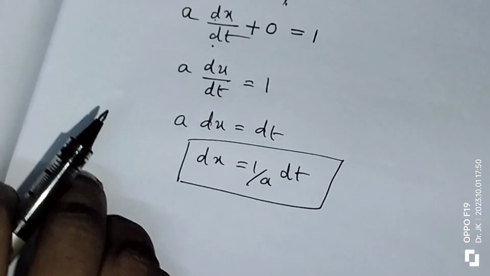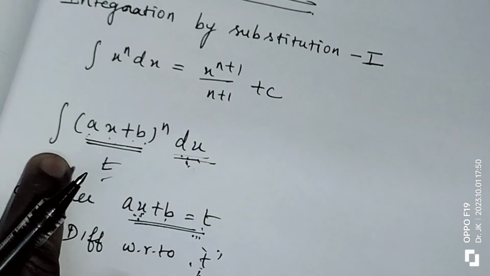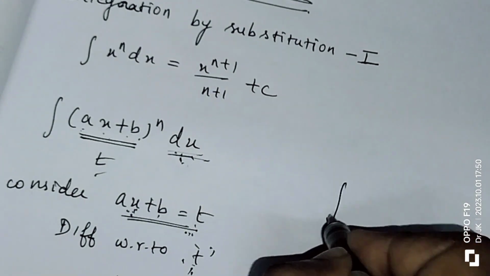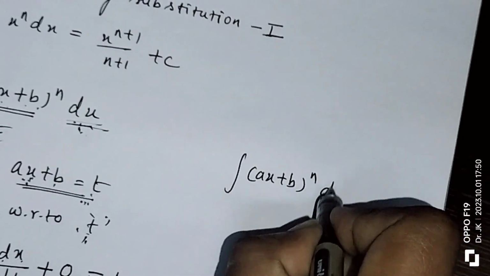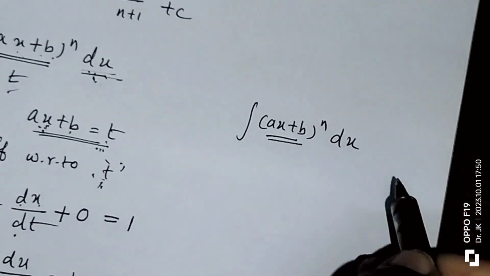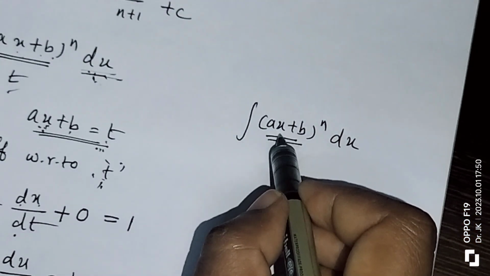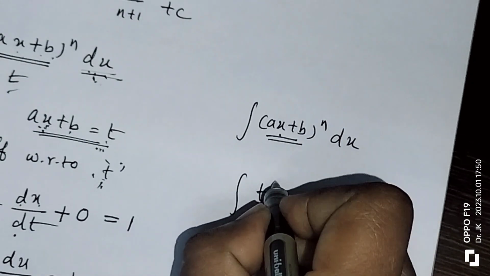Now consider this one: the integral of (ax plus b) whole power n into dx. Here we took ax plus b as t, so the integral of t power n.